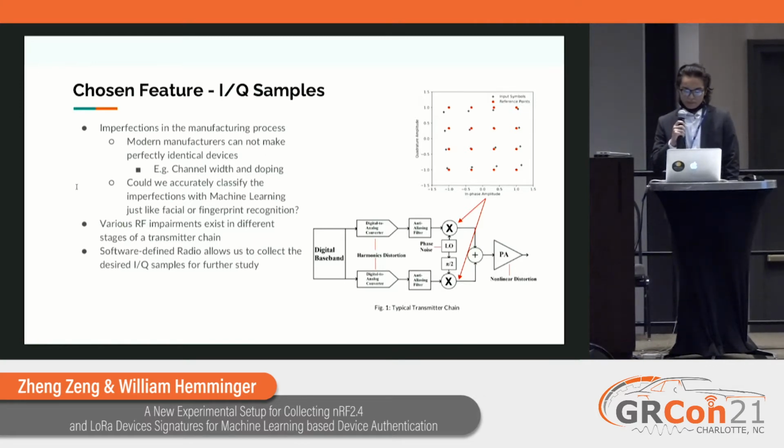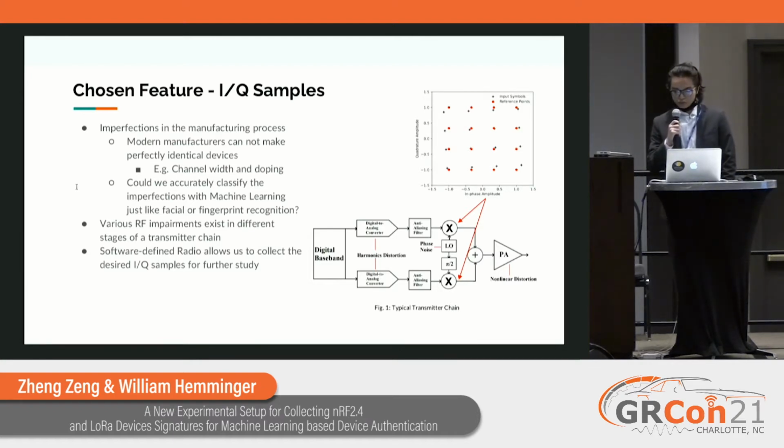If you look at the figure at the lower right here for a typical transmitter chain, you can see there are various RF impairment sources in the different stages of the chain. There are harmonic distortions in the digital to analog converter. There is nonlinear distortion in the power amplifier that comes with its nonlinear behavior.